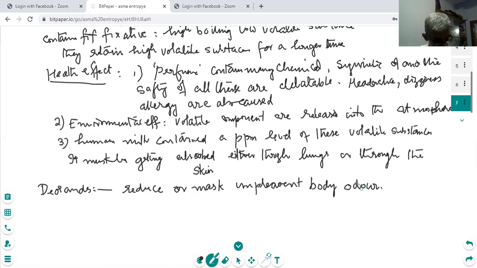So this masking is done without interfering with the performance of sweat glands.